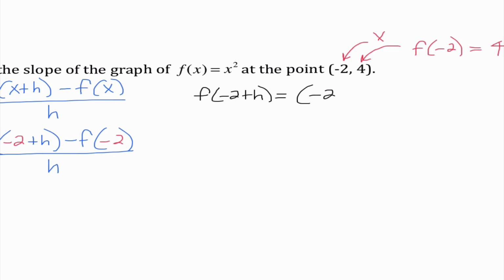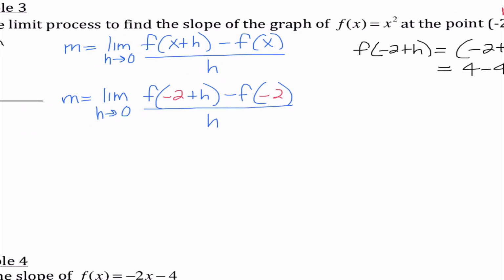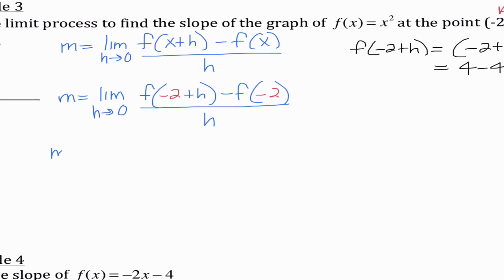So I have -2 plus h squared, which I need to FOIL, and I get 4 minus 4h plus h squared. So I'm going to go ahead and write that in here. So I have 4 minus 4h plus h squared.